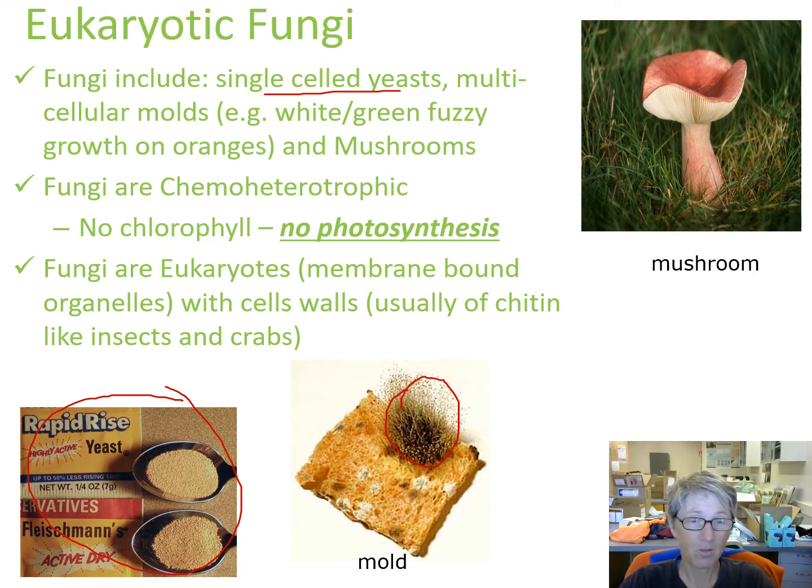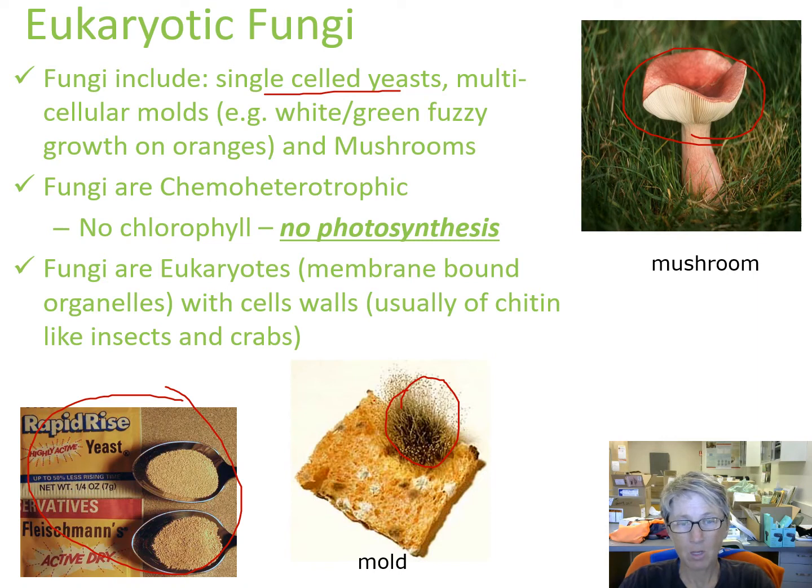Also, for example, we see a lot of oranges here in Tucson, and you pick up an orange maybe that's been lying underneath a tree, and you see that white, green, fuzzy stuff. That is fungi, and a special type of fungi called a mold. And then eukaryotic fungi also include mushrooms, all kinds of mushrooms.